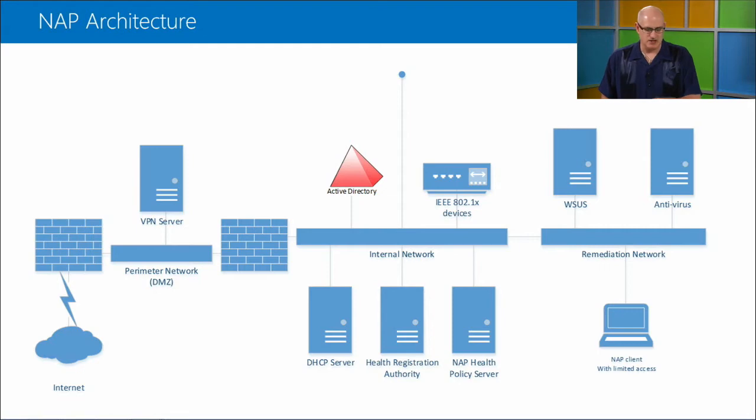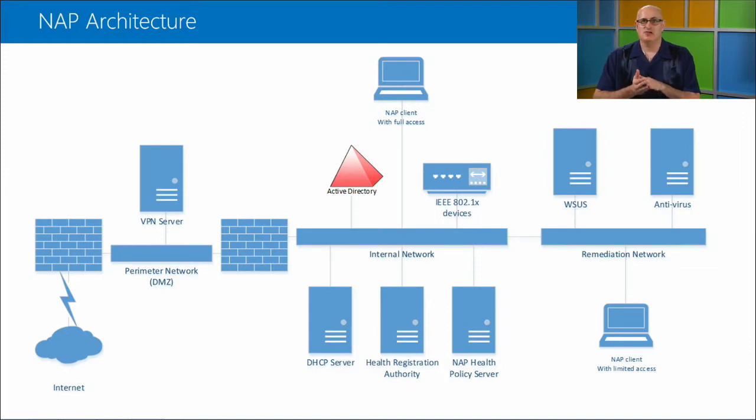So we have a client with limited access. It then has the ability to come into compliance from those servers. We have a NAP client, once it meets compliance, able to access the internal network.